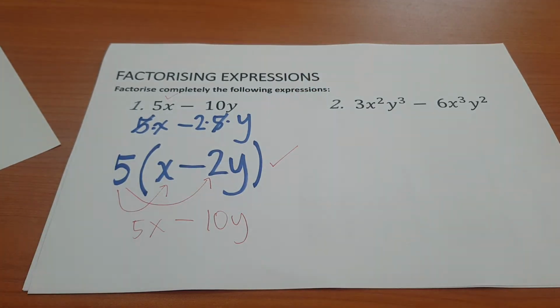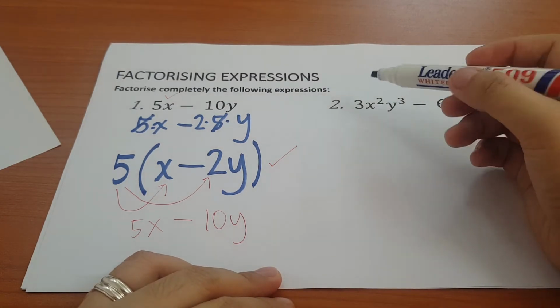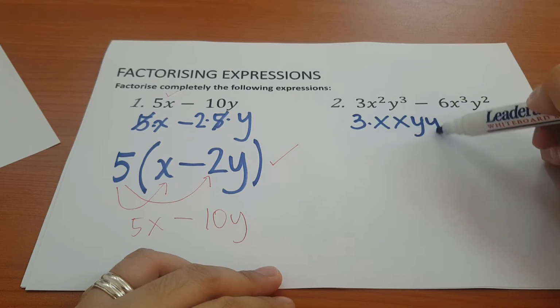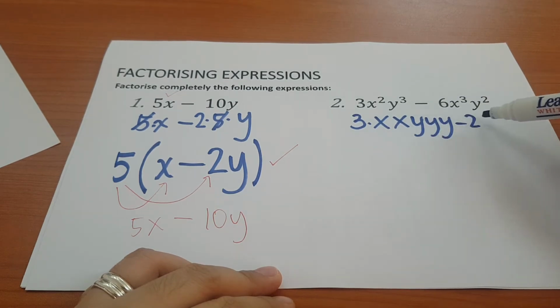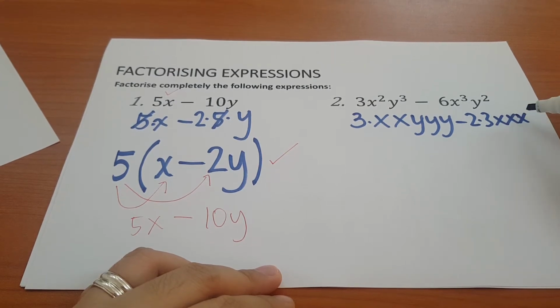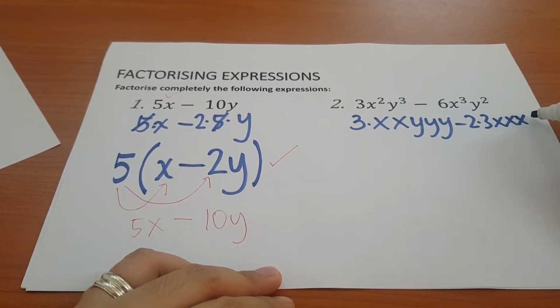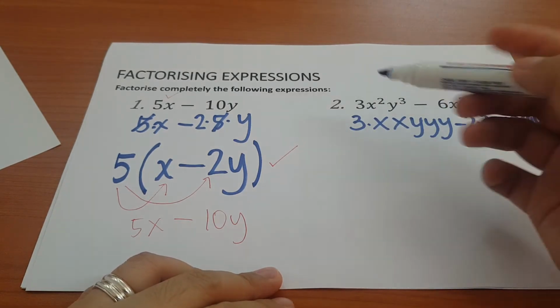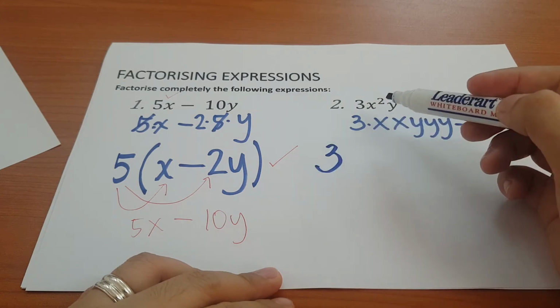Now, let's move on with factorizing an expression by taking out the common. Let's rewrite this one: 3x squared y squared minus 6x cubed y. We have to take a look here. You have 3 and you have 6, so you take the 3 out.